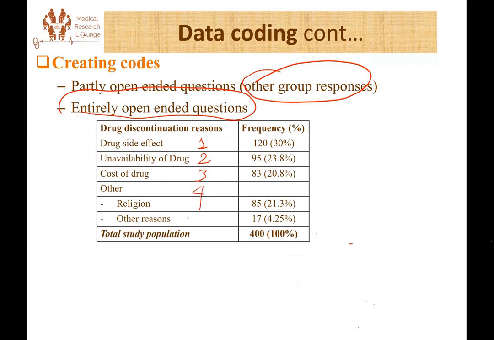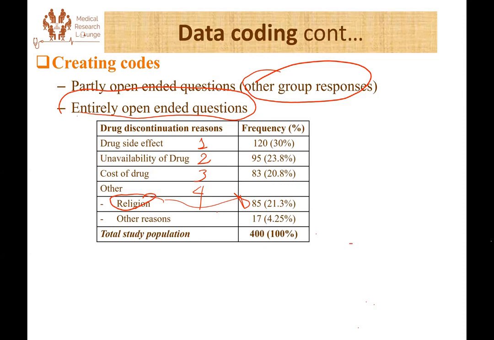When we give codes like this, we thought from our observation that the first three are the most common reasons for drug discontinuation. But then we may find a factor behind it that we haven't seen. For example, religion, we found, even turned out to be a bigger reason than cost of drug. So we might need to give it a different code.